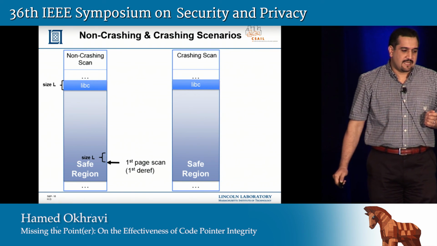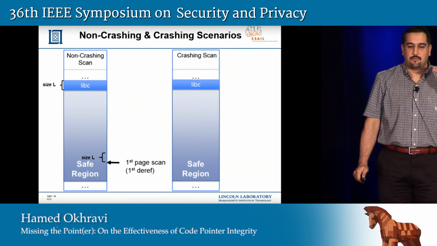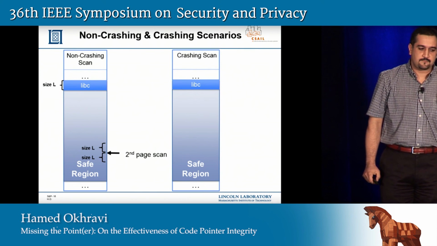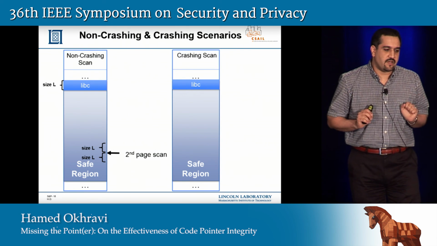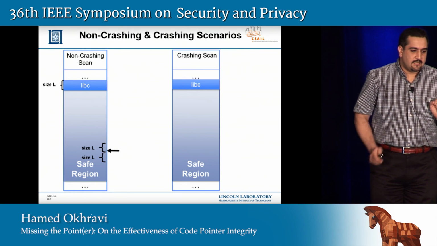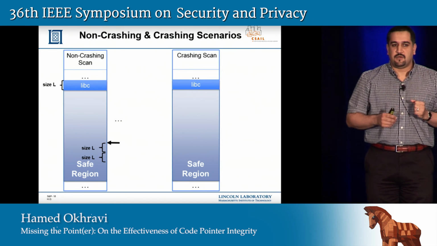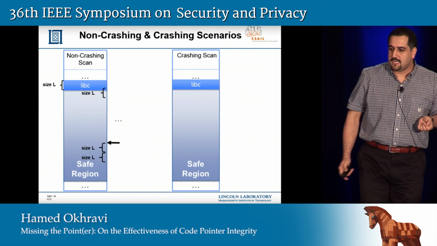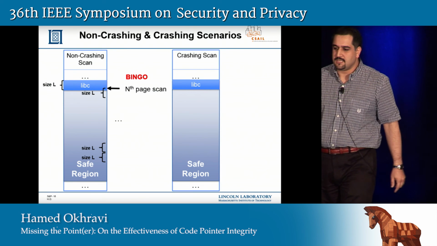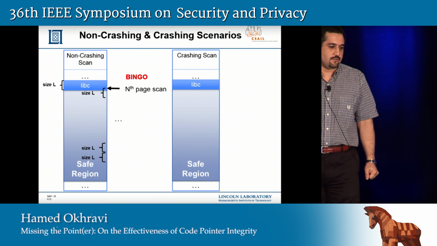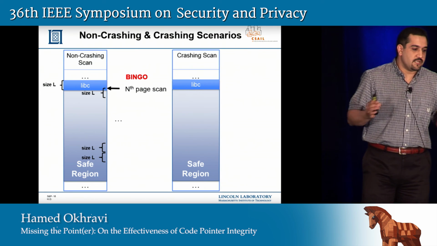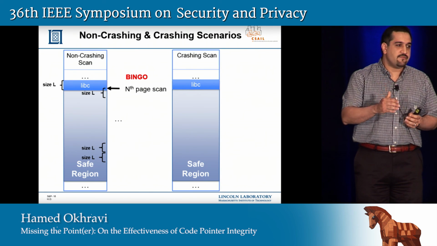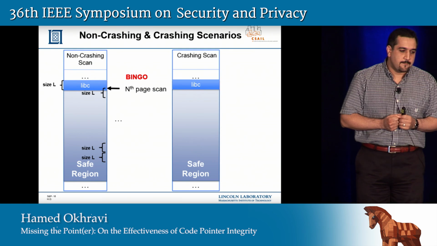So the second scan happens size L above the first scan. And L, again, is the size of libc, and this is a simplified view of it. And then the third scan happens size L above the second scan, and so on and so forth. After we repeat this n times, we'll land into libc, and then bingo, the attack is done, because now we know the base address of the safe region, and we can arbitrarily modify it.